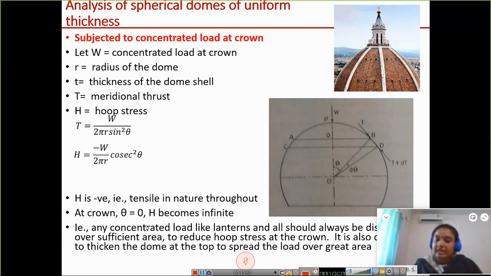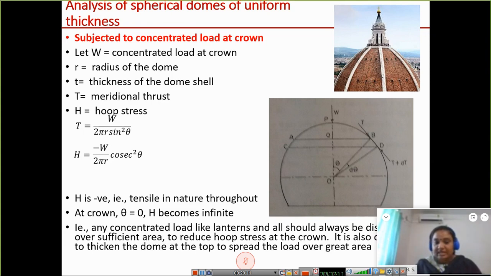So that is the outcome. At the crown, theta is equal to 0, H becomes infinite. So you should provide enough area for the distribution of the load, so that it can reduce the hoop stresses at the crown.